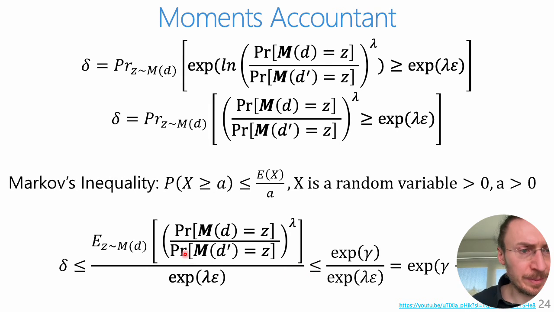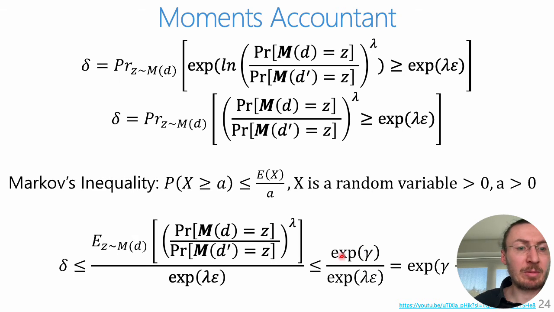And then we can further simplify this expression by using the value from the previous slide. So this expectation of this ratio of probabilities to the power of lambda is less than or equal to exponent of gamma.